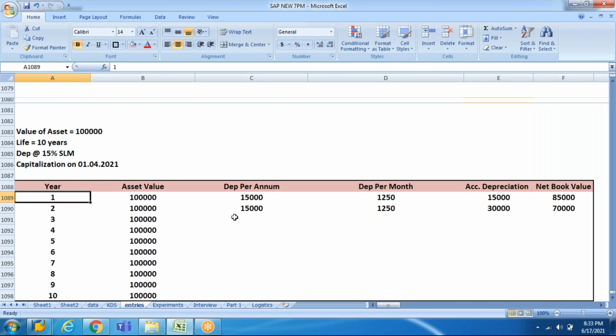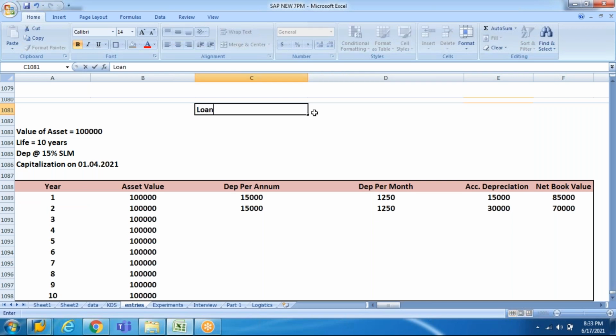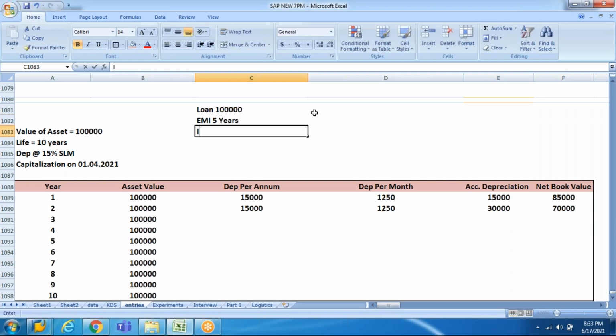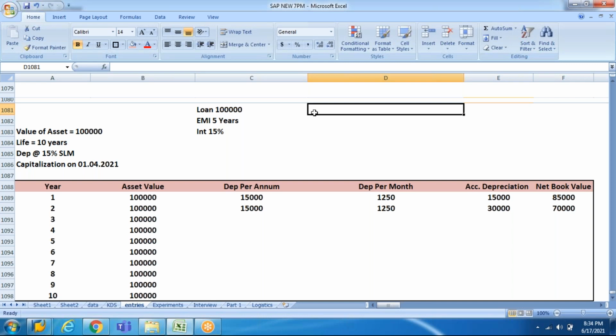Or if you take the simple example of any kind of loan that you are taking, let's say you took a loan of 1 lakh. You have taken EMI for 5 years, and interest, let's say 15%. You're getting my point, right? Now, first year you are paying some 15% interest and you are paying some principal amount.